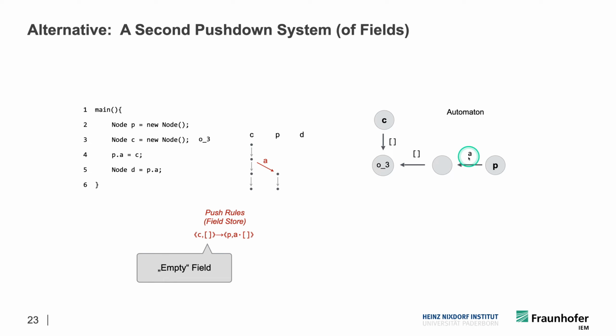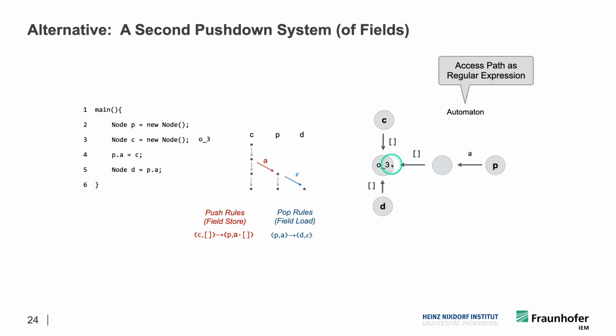So here, p with a will bring you to the same object that C is also pointing to. And then the access paths that we normally saw are basically represented through a regular expression or a regular automaton that is formed by this post* automaton.